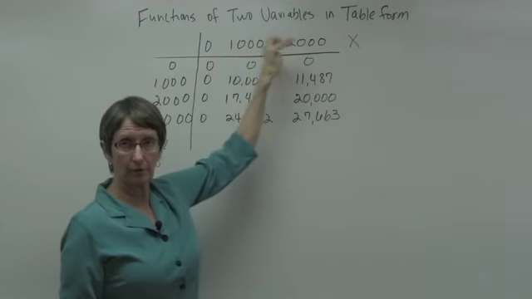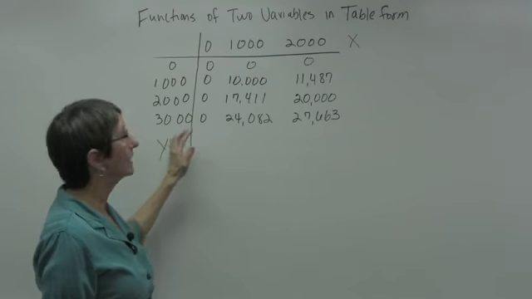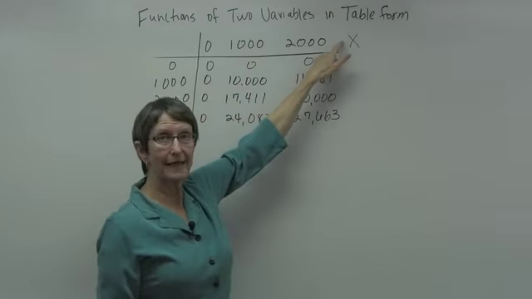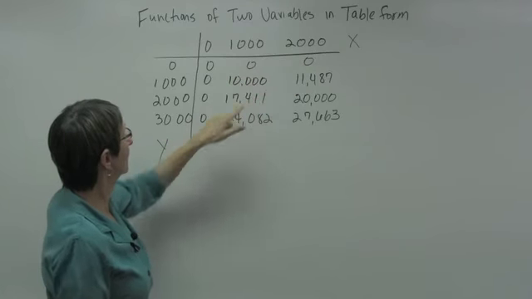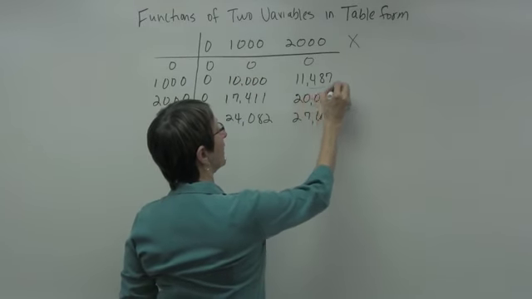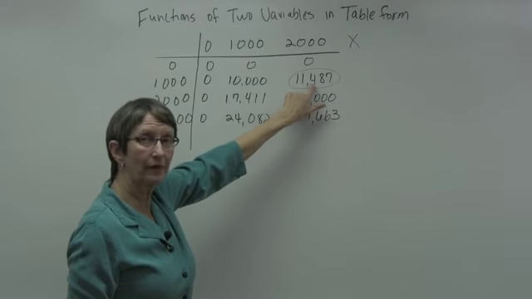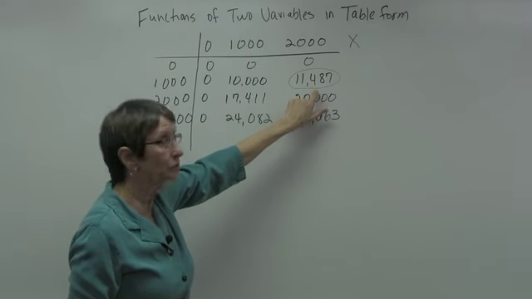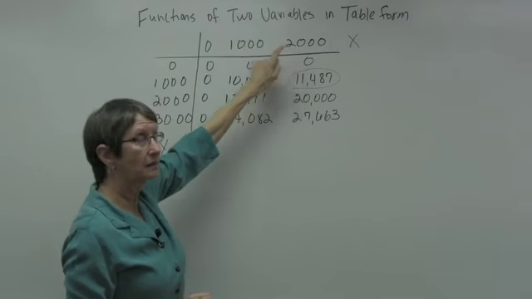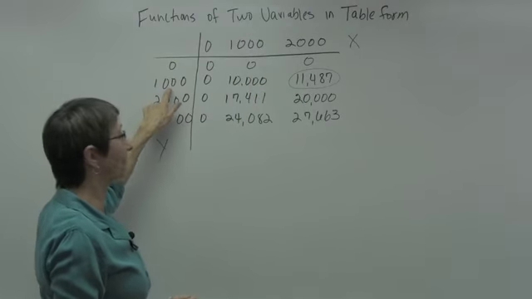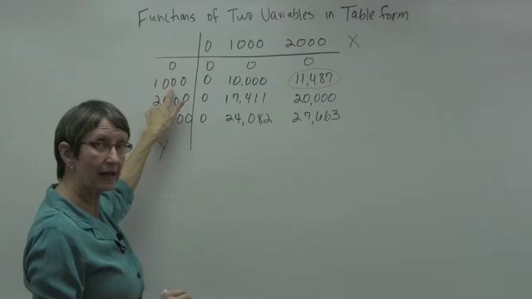As you read the table, the x's are the inputs, and let's say that we're interested in this value right here. The x that goes along with that function value is 2,000. The y that goes along with that function value is 1,000.